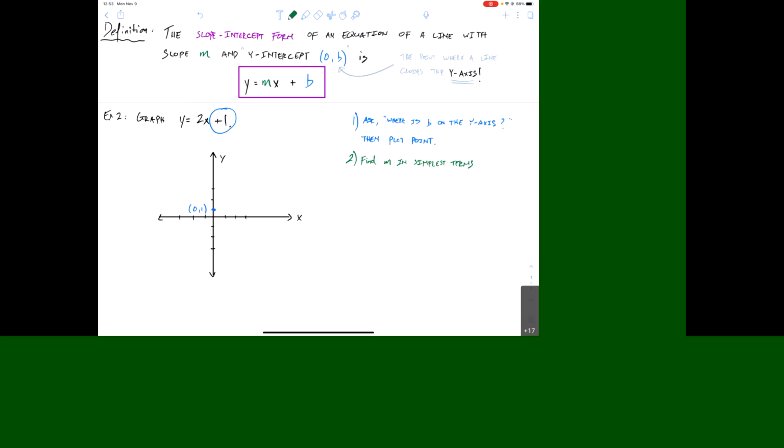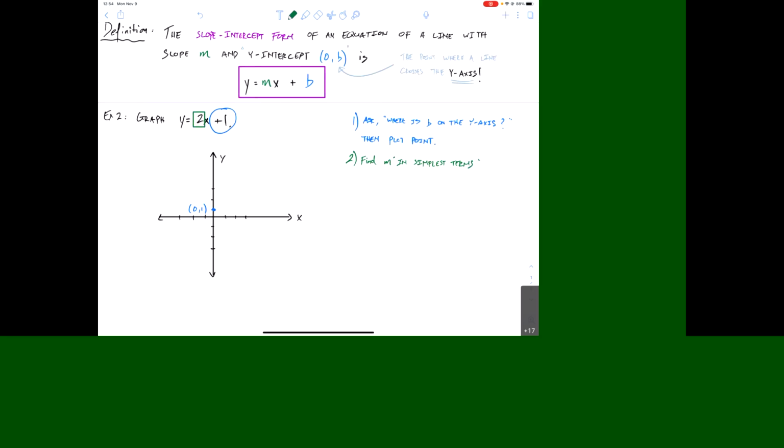Now I write in simplest terms because sometimes your slope may not be in simplest terms, but most of the time it should be. So where's the slope? Remember, the slope is the number in front of the x. It does not include the x. So in our case, it's not only 2, but again, you should write it as a fraction. It should be 2 over 1.